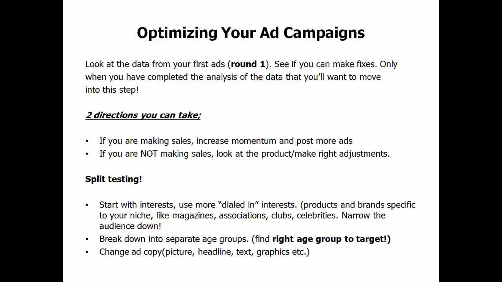Age groups are going to be different because they react differently to certain products, niches, and shirts, or whatever it is that you are selling. So age groups have a different effect on the ads. If you didn't have success, you might want to find the right age group to target and see who reacts the best.